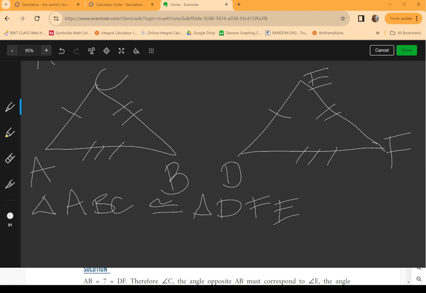And again, sometimes you'll be asked for the reasoning. Again, the reasoning here, all that needs to be stated is because theorem SSS.